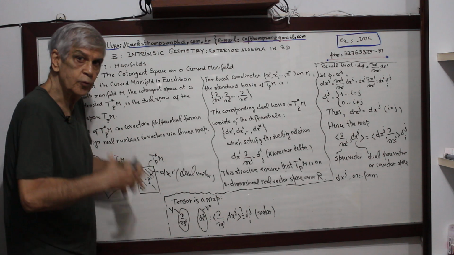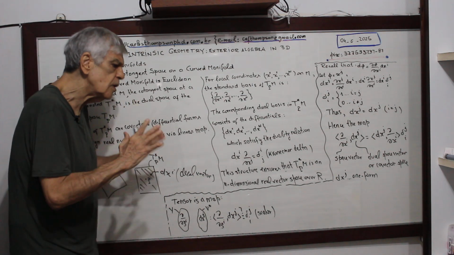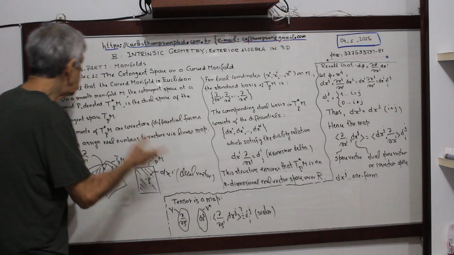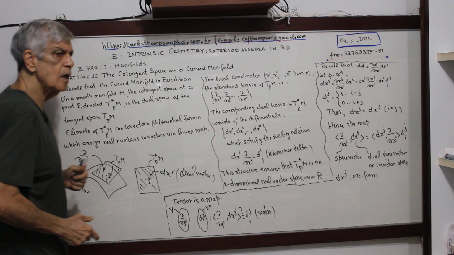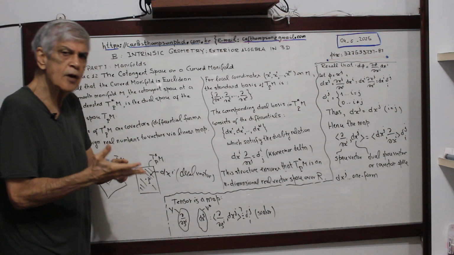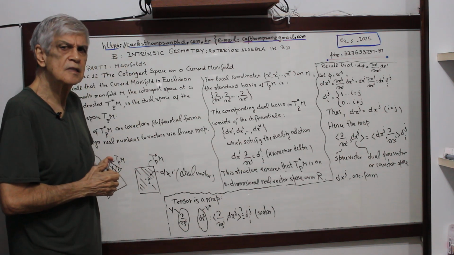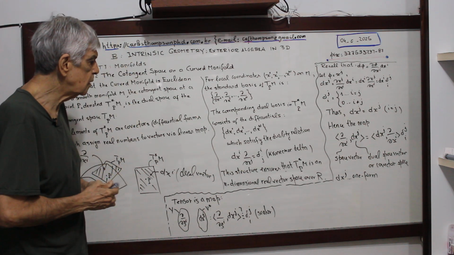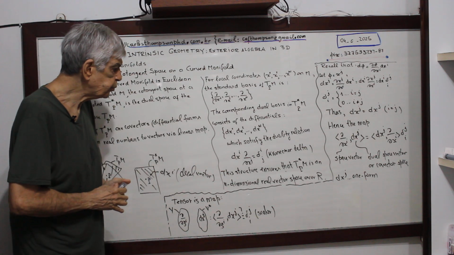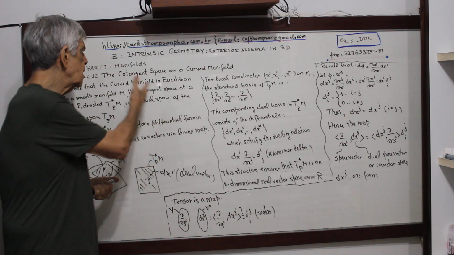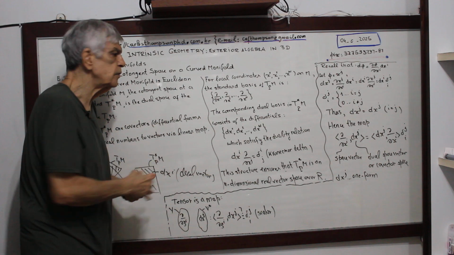So it will be a dual vector space. Exactly what we did in item A. Just review part 1 through part 7. You go over there, see it and study it. So this is the cotangent space on the curved manifold.